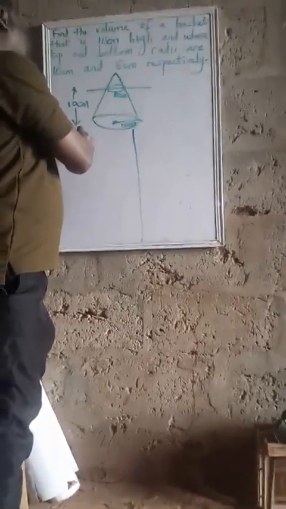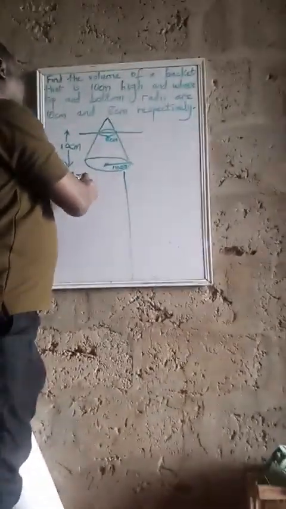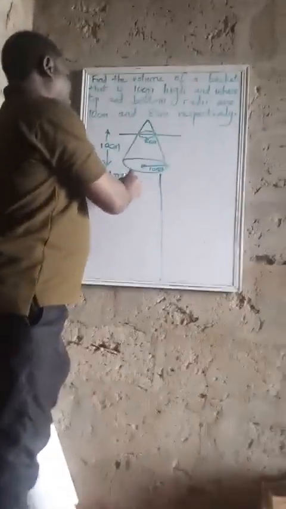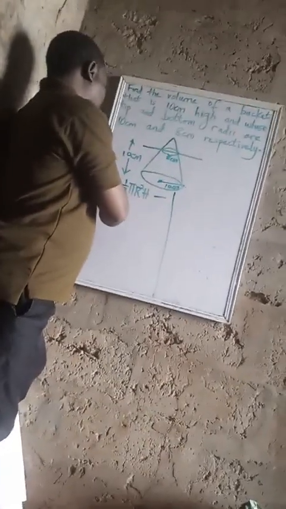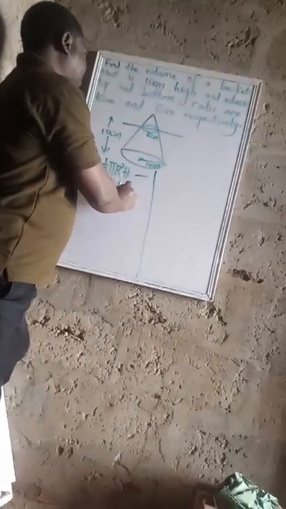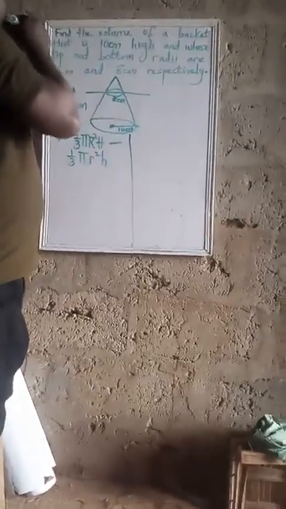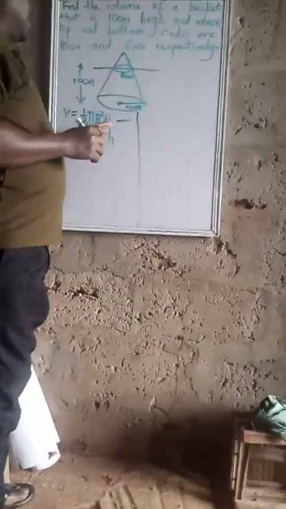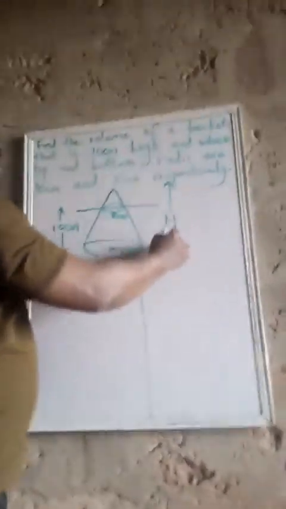So, 1/3 pi r square h for the big cone minus 1/3 pi r square h for the small cone. But how do we get this height? This height is the total height of the whole cone, the big height.